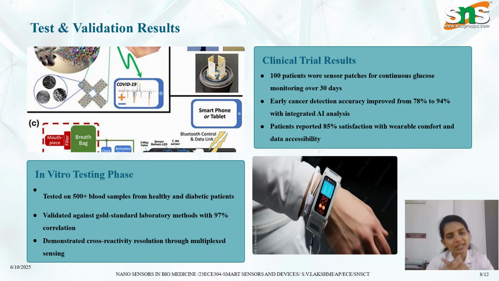In vitro testing used 500 plus blood samples from healthy and diabetic patients, validated against the laboratory with 97% correlation. In vitro means collecting the blood sample from the human body and doing the test, whereas our nanosensors automatically monitor the glucose level. When the test results are compared, the efficiency here is also better.